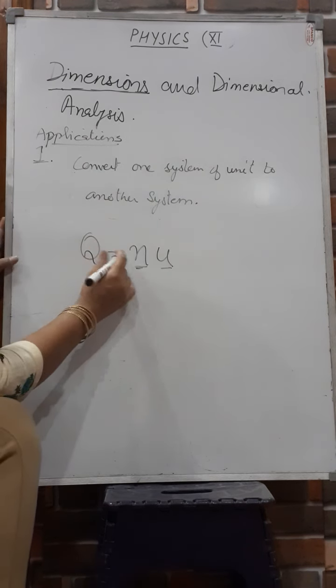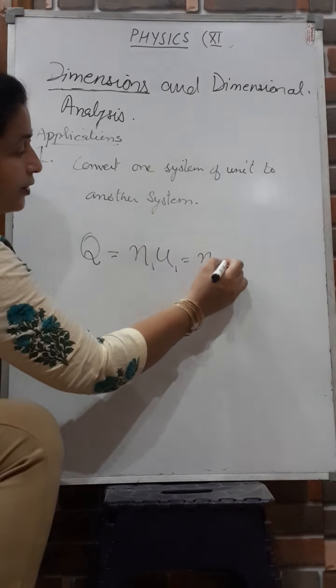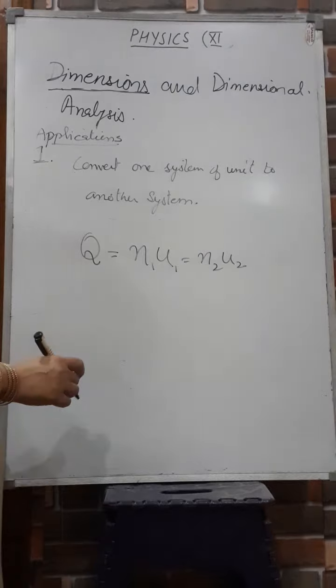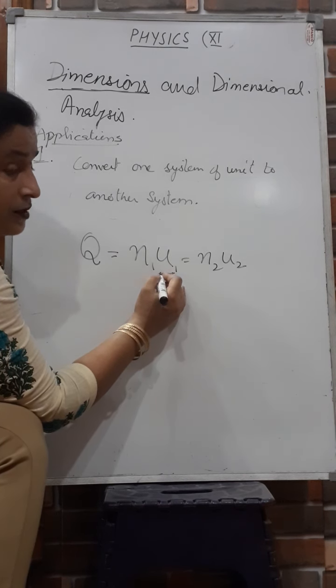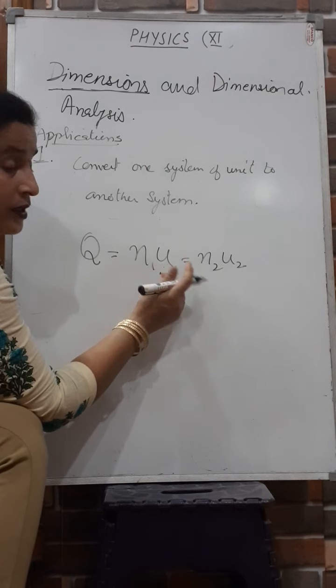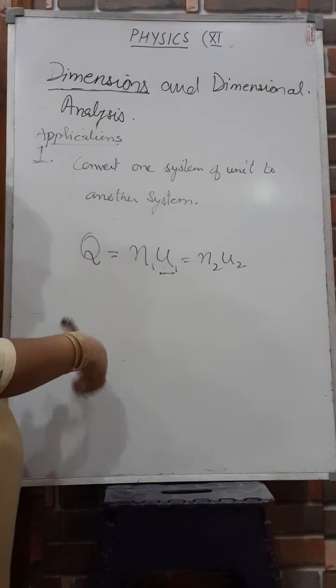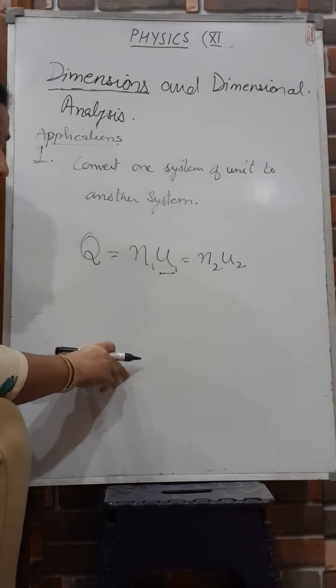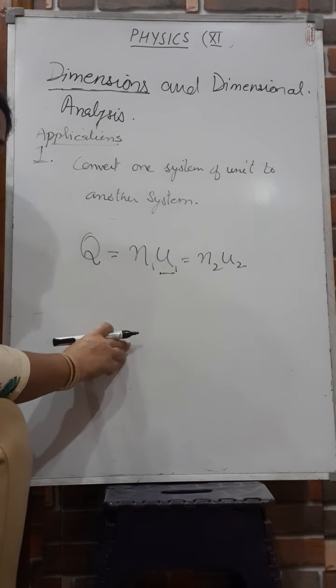So we can write Q is equal to N1 U1 is equal to N2 U2. Here U1 is the unit in the first system and U2 is in the second system. Here we represent the unit in terms of dimensions, right?